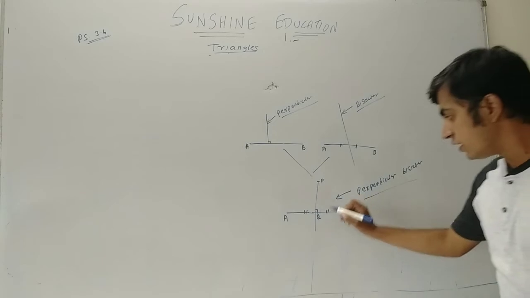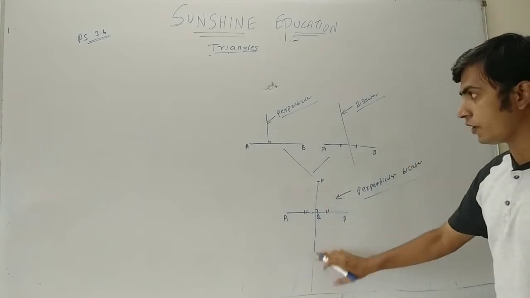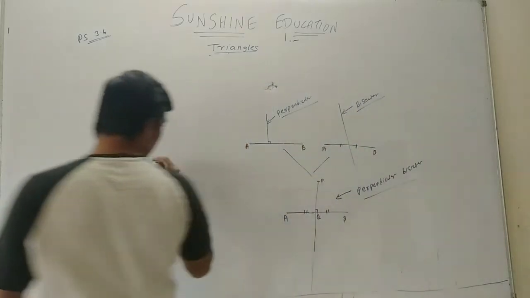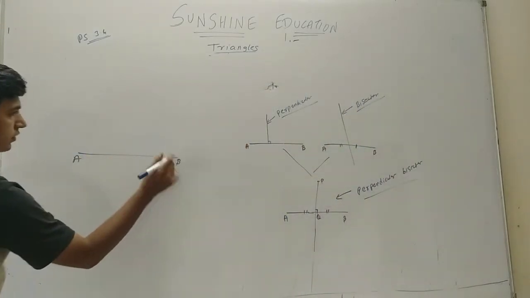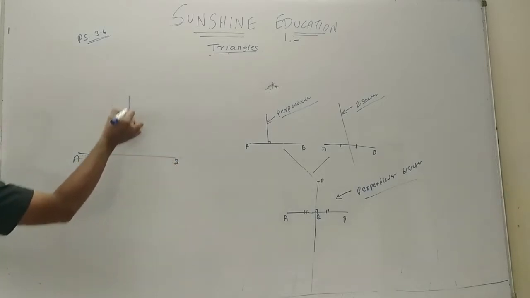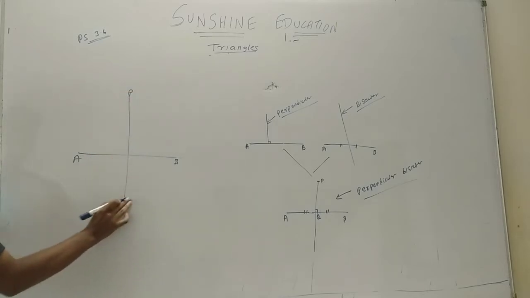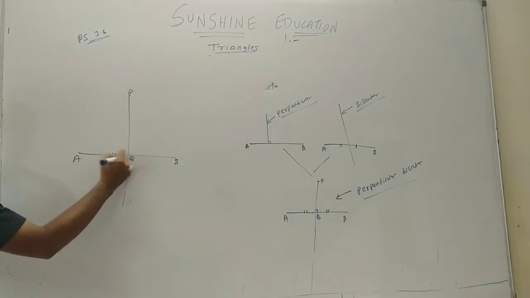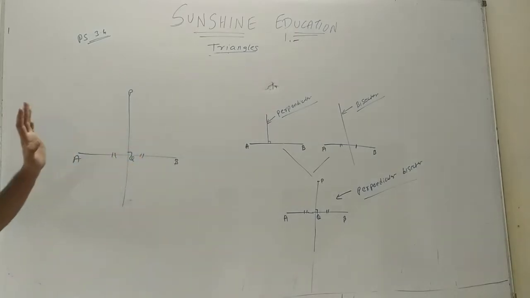Now, the property of perpendicular bisector. I'll just draw it properly over here for better understanding. This is AB. This is perpendicular bisector PQ, suppose. Equal sides means bisector, and 90 degrees is perpendicular.